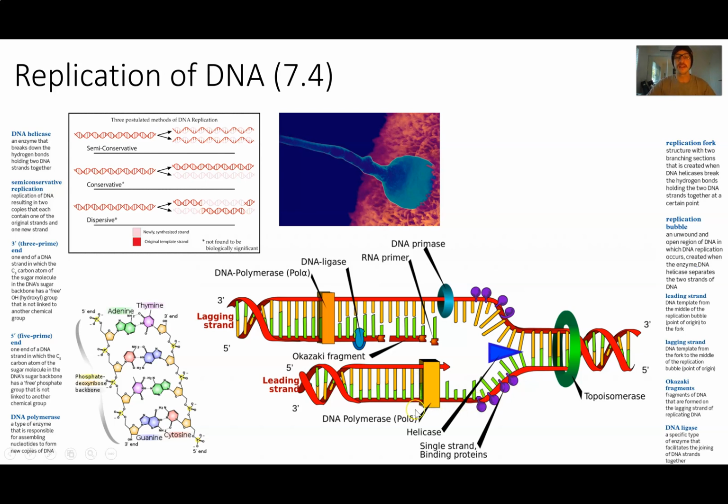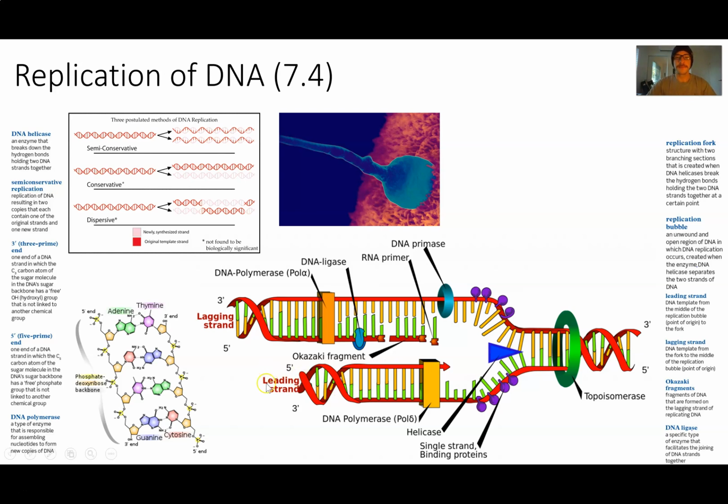The next main enzyme involved in replication is DNA polymerase. And DNA polymerase races along and adds nucleotides to the original strand, creating a direct copy.